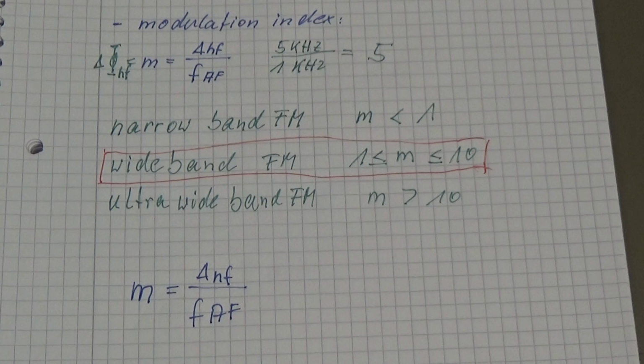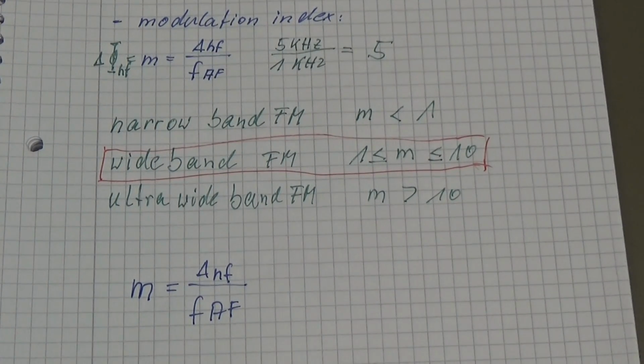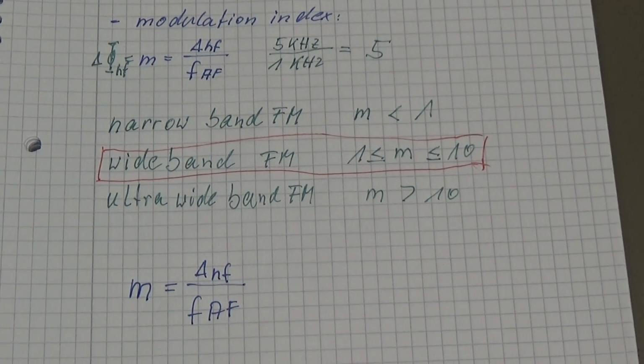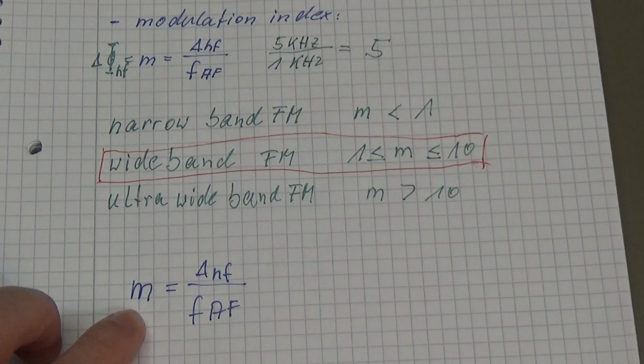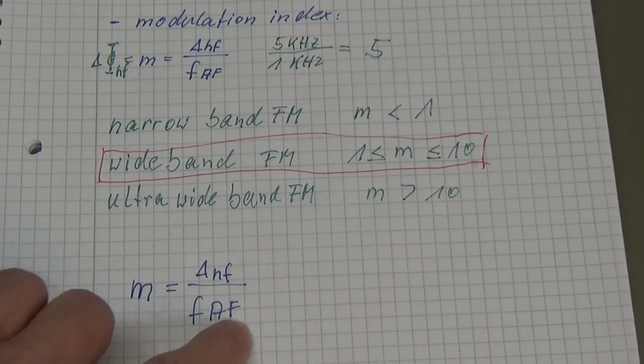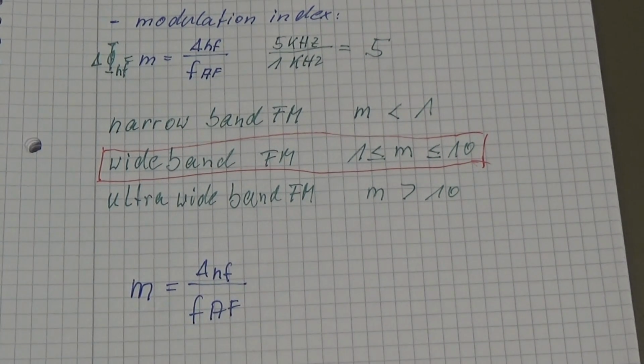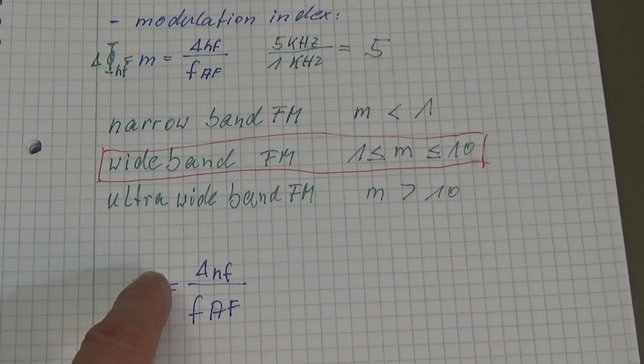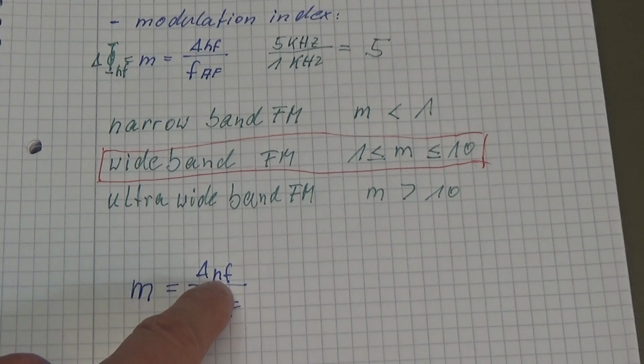Okay, and now we are using a little trick to get to our needed deviation, and we are going to convert this formula simply to our delta HF.